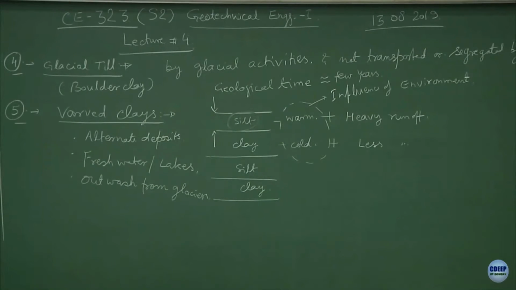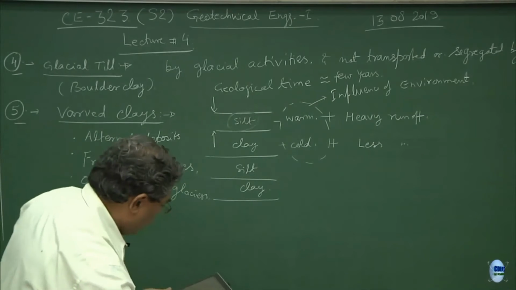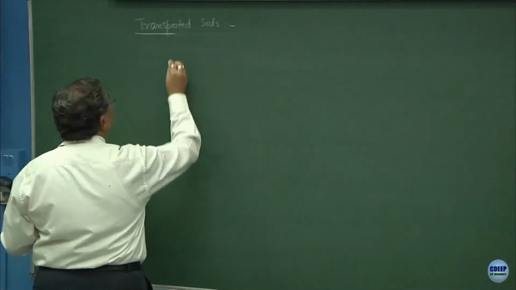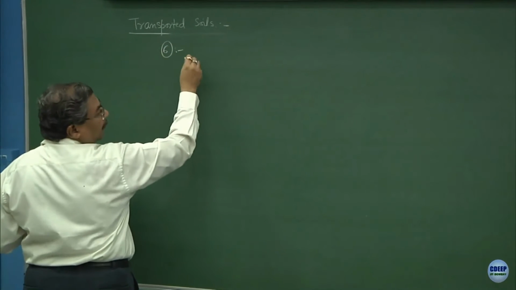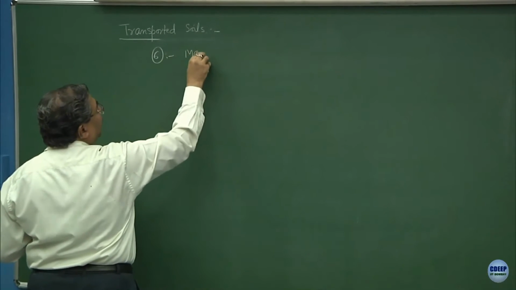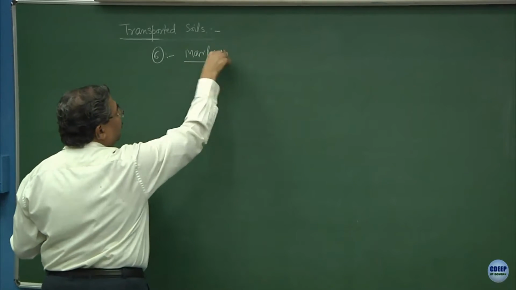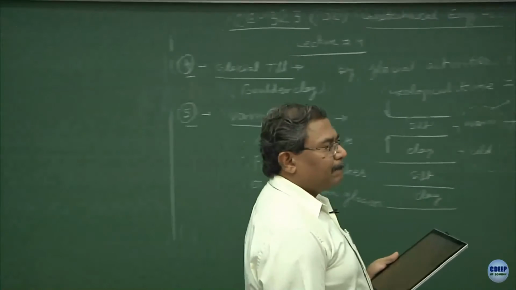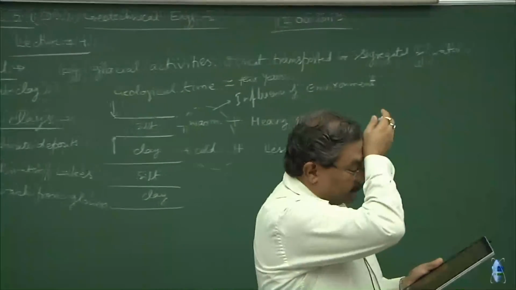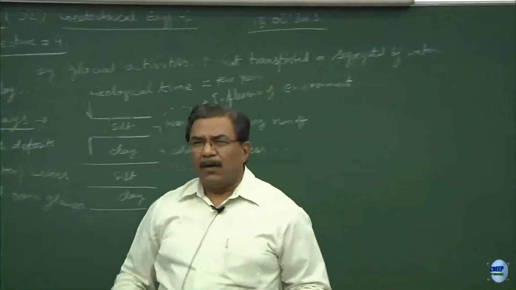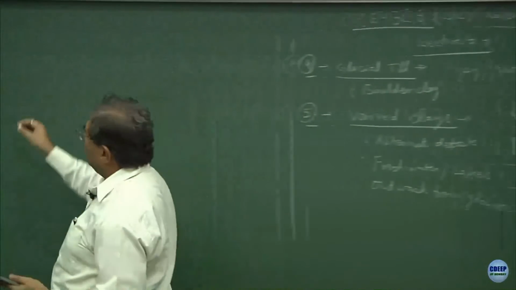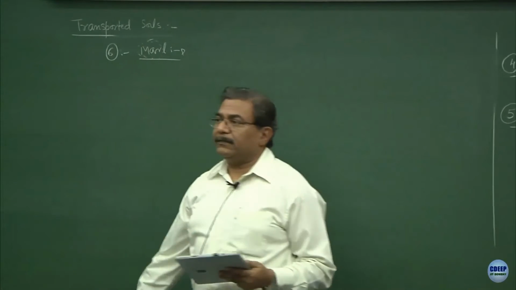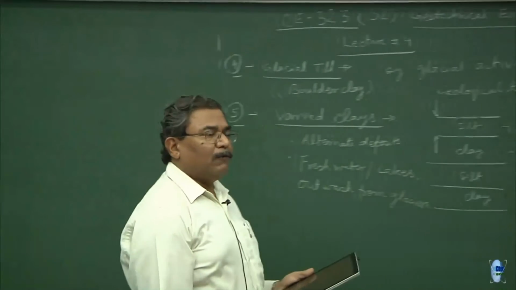There is another category of the transported soils which is known as marl. Check what is the dictionary meaning of the word marl. Marl basically corresponds to the marine environment, alright. And what is marine environment?